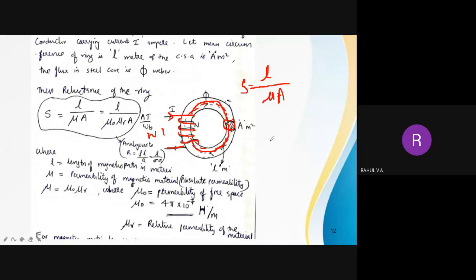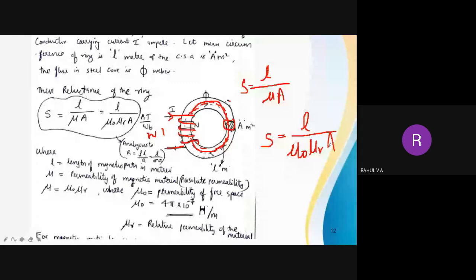We can rewrite the equation again. Instead of mu, I can substitute mu 0 mu R, where mu 0 is the permeability of free space and mu R is the relative permeability.